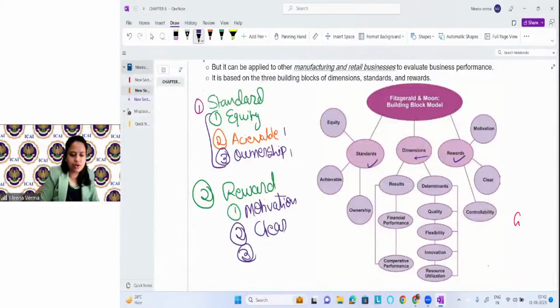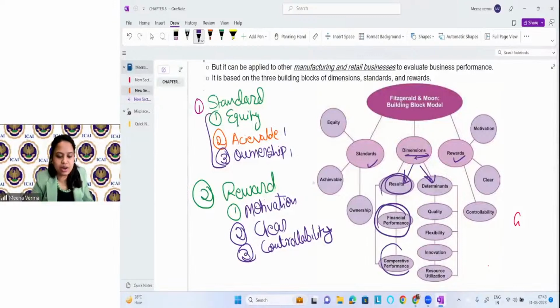Third, controllability. And in case of dimension, you will consider 2 points: result and determinant. In case of result, you will see financial result and comparative performance. Determinants will cover quality, flexibility, innovation, resource utilization.